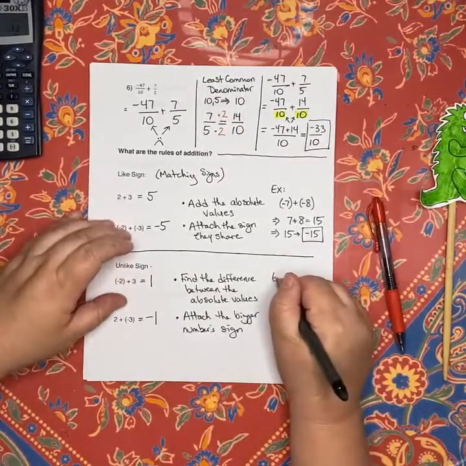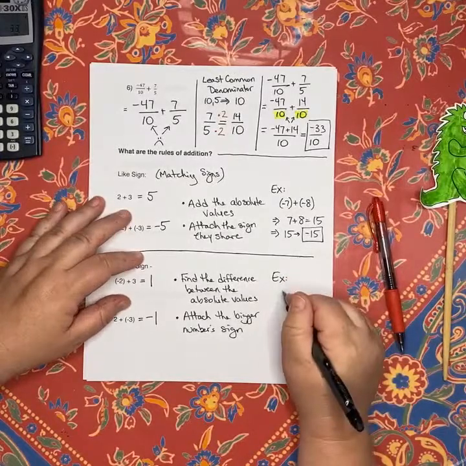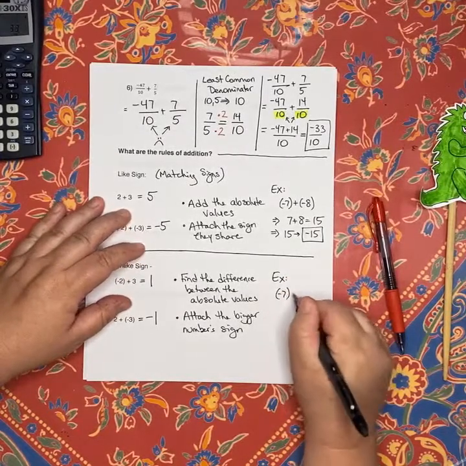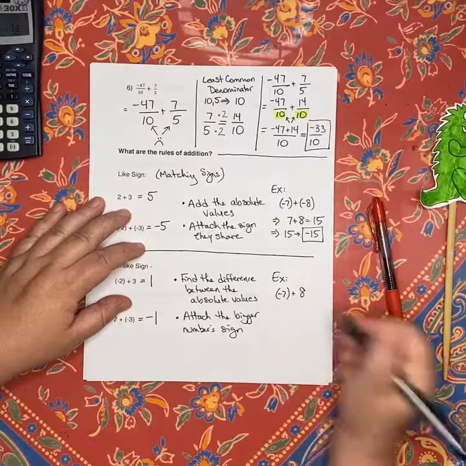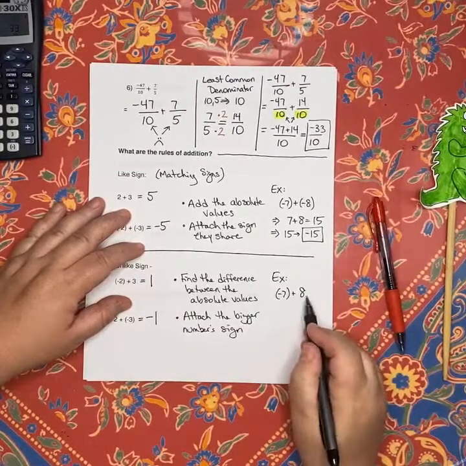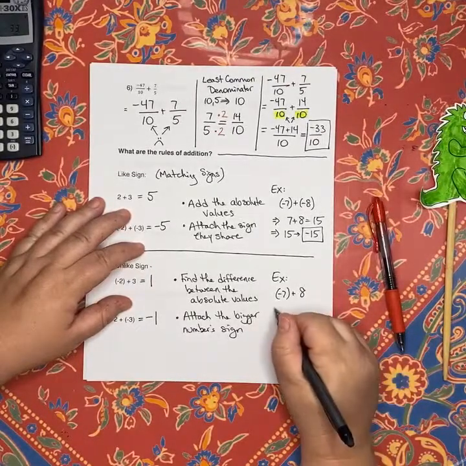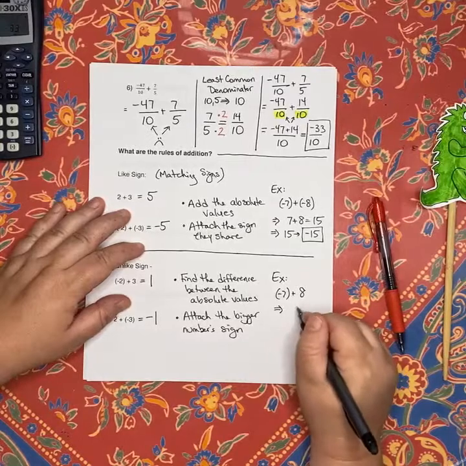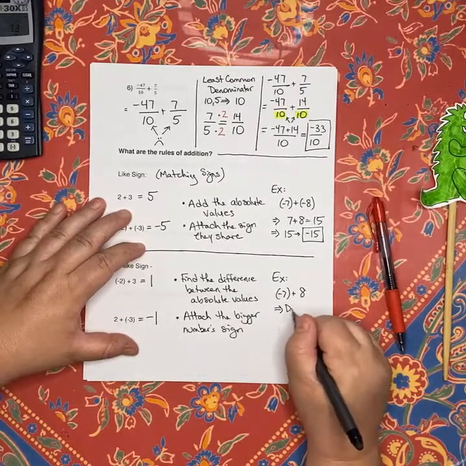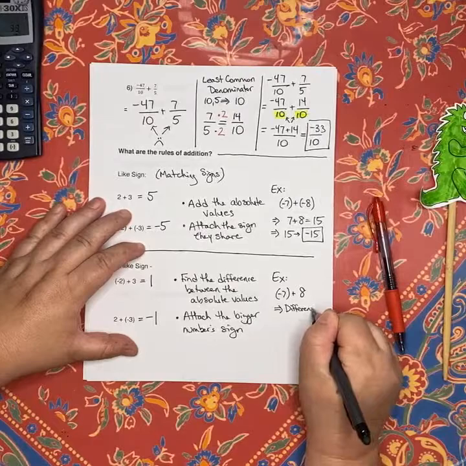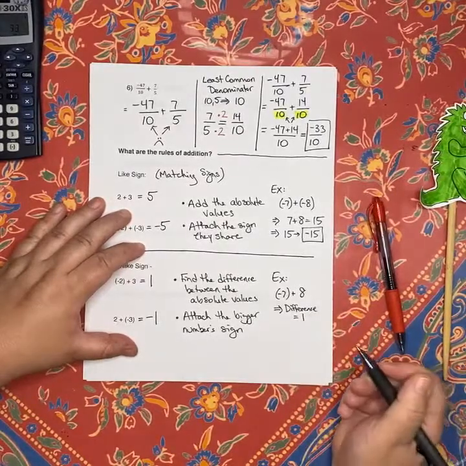Okay, so my example, what about negative 7 plus 8? 7 and 8 are 1 apart, right? So the difference is 1.